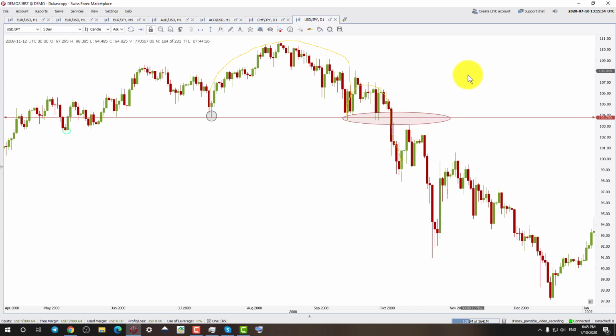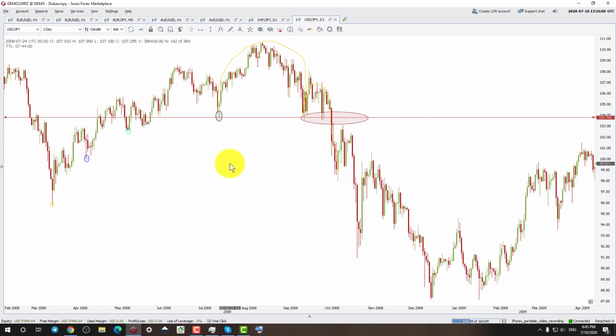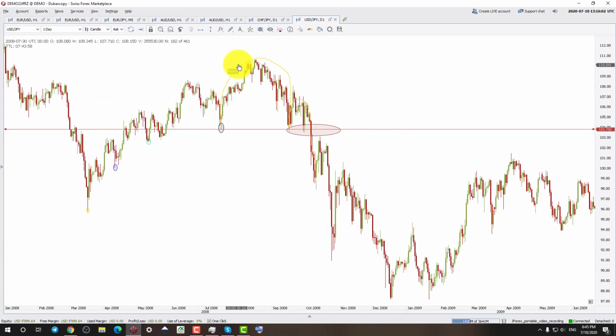So the idea is that you have to open a position here and keep a very small stop loss above this, so that even if the price goes high and your stop loss gets triggered, you don't lose more than 1% of your account, because you are not going to risk more than 1% on any trade if you want to be a consistently profitable trader. I hope you got the idea here, that a rounding top forms like this.